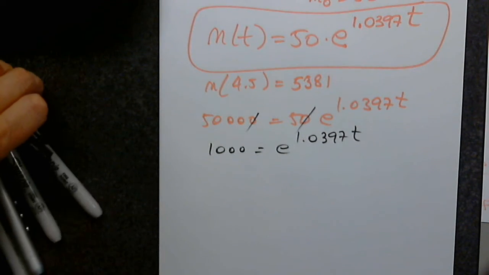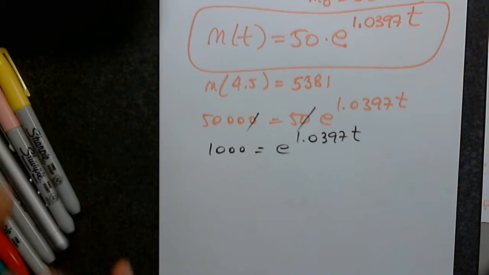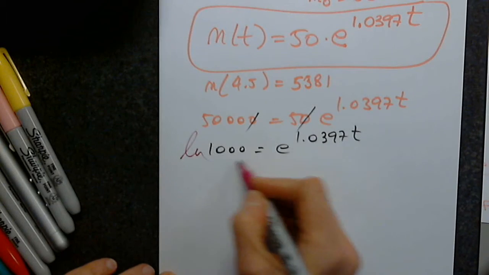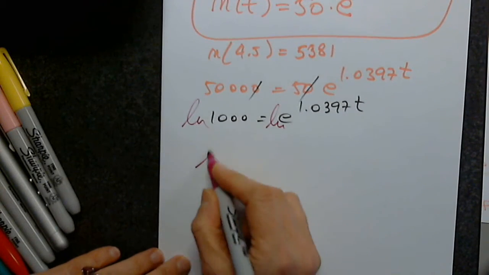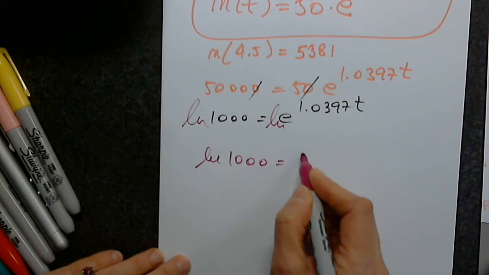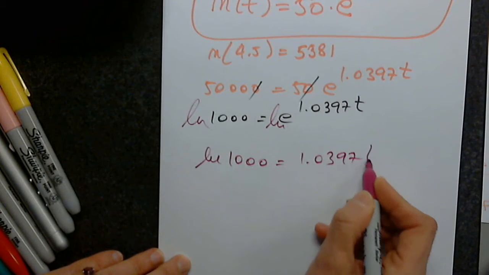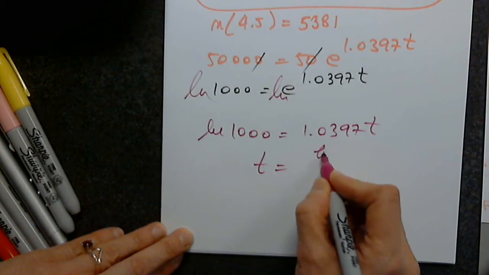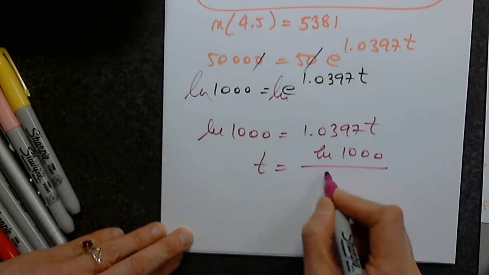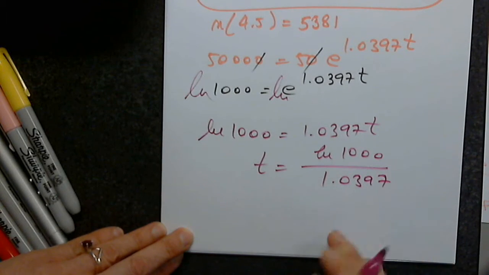This is now a pure exponential function, and in a pure exponential function, I will use natural log in this case because of the base on the other side. So I have natural log of 1,000 equals 1.0397 t. So t equals natural log of 1,000 over 1.0397.